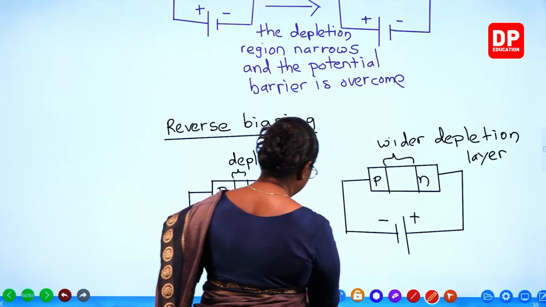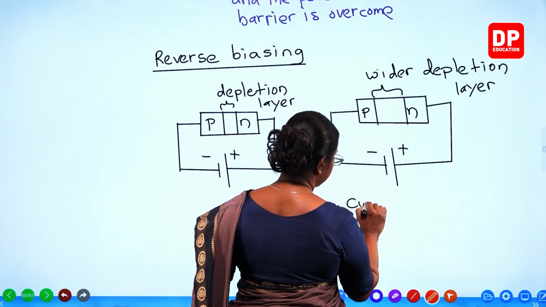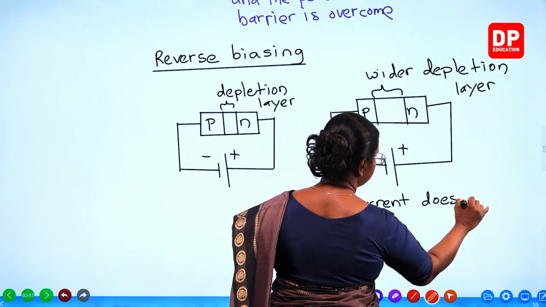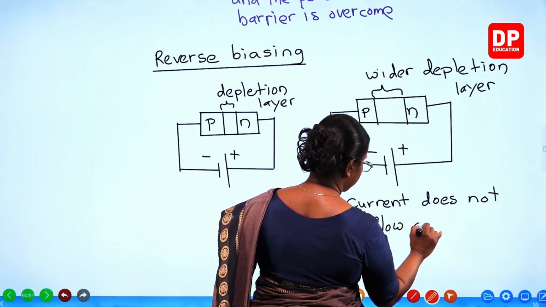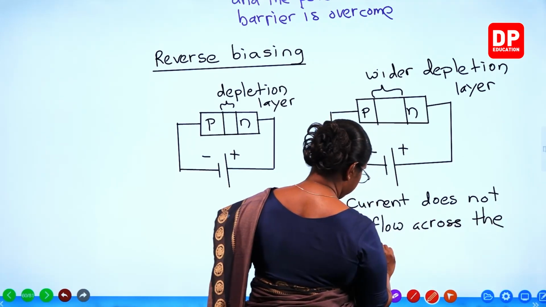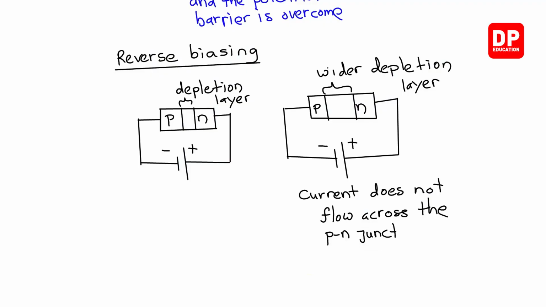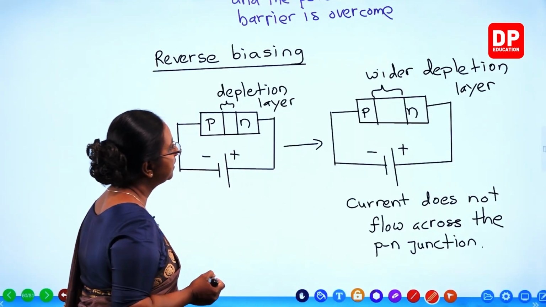So because of that, current does not flow across the PN junction. So from here to here, what happens?